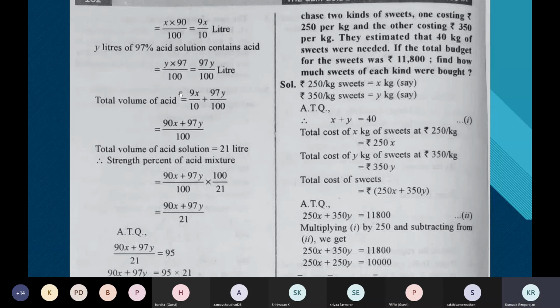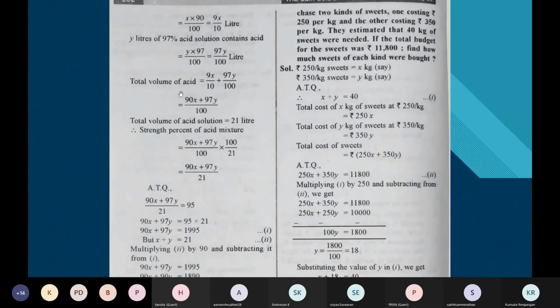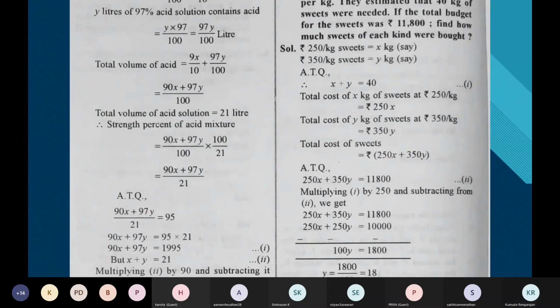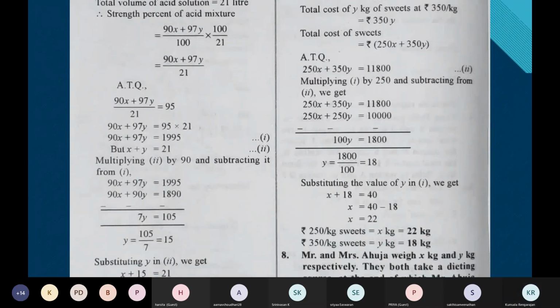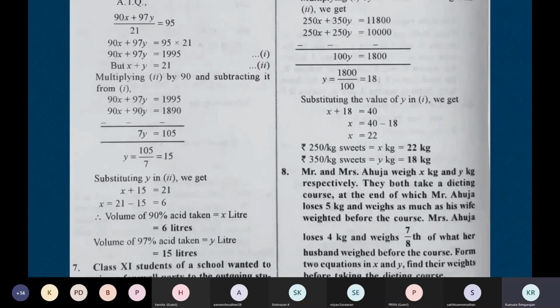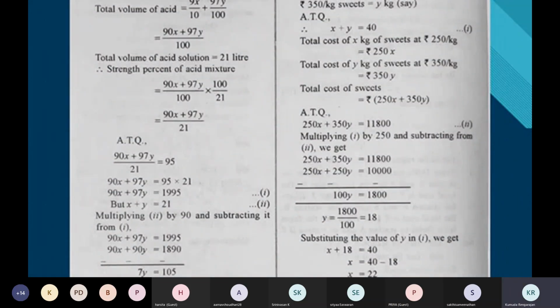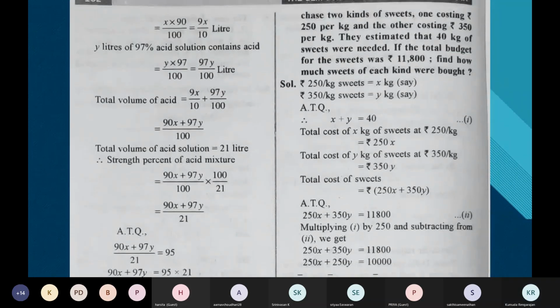Please work and tell me the answer. 6 liters and 15 liters. Harshita, is it? Yes. Very good. 6 and 15.